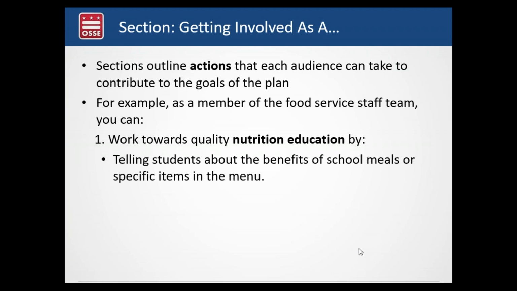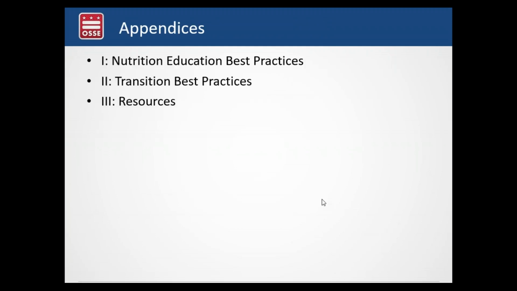As we know, students are getting these foods, and being able to tie the foods to why they're having them and why it's important for them to consume them is really important. So this is just one action that was identified that can help nutrition education overall.